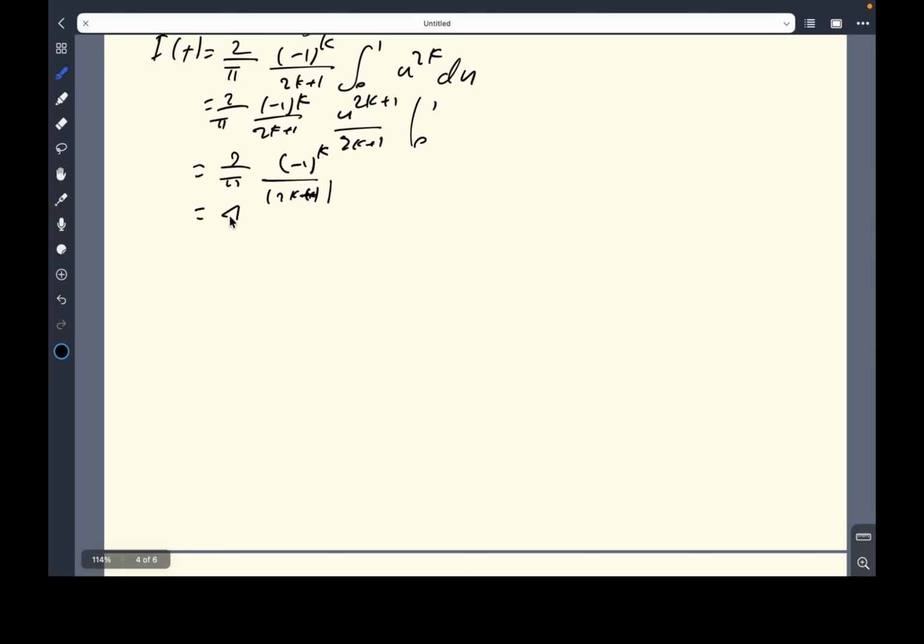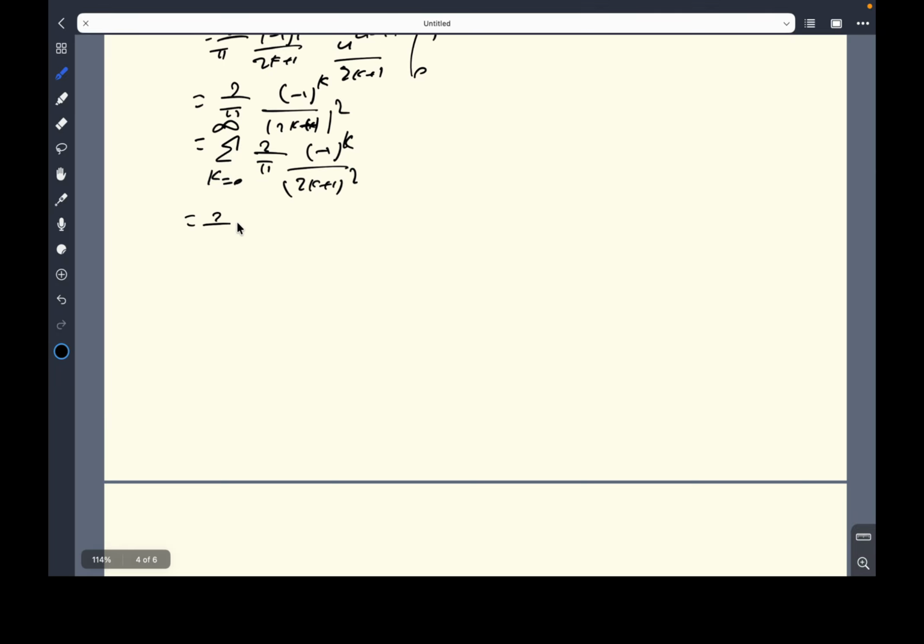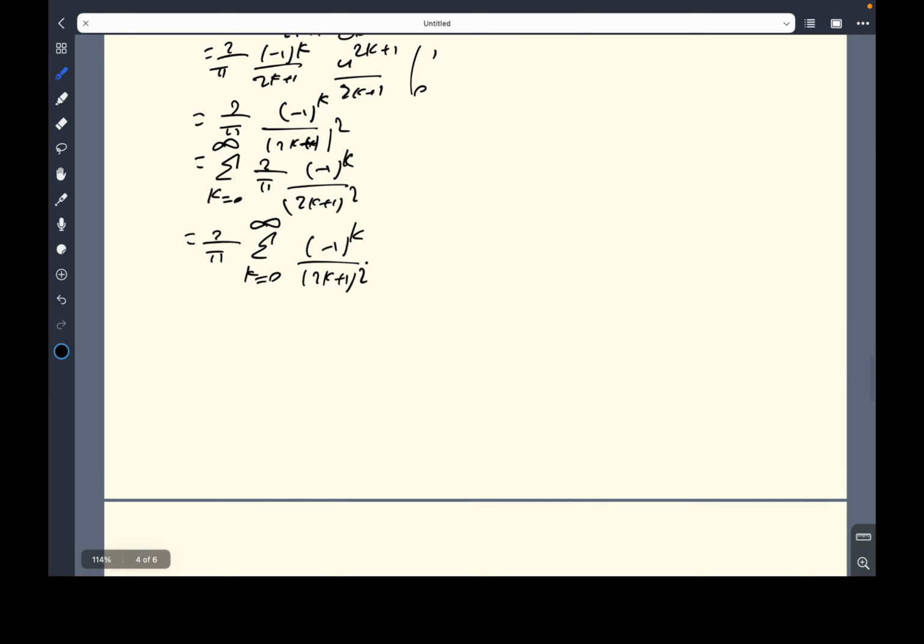And I'm going to write it in summation notation. This is going to be 2k plus 1 squared. So if I take out the 2 over pi, which is a constant in our sum here, it's negative 1 to the k over 2k plus 1 squared. This thing here is known as Catalan's constant, which has a value of approximately 0.95.